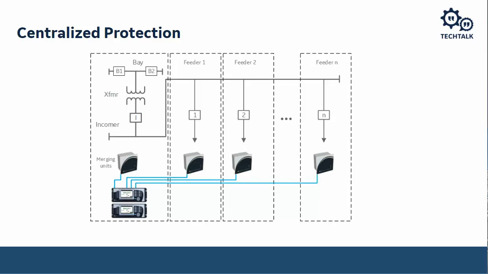At each CT, we bring in CT information, breaker status, and alarm contacts. All that gets fed back to a central relay, which would provide your bus protection as well as your individual feeder protection, which would be your overcurrent protection, your reclosing, including sync check. So all that can be accomplished with one relay.